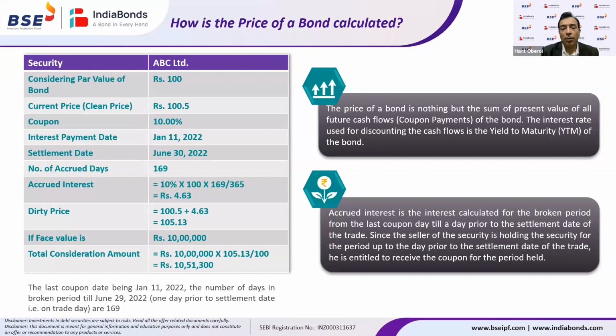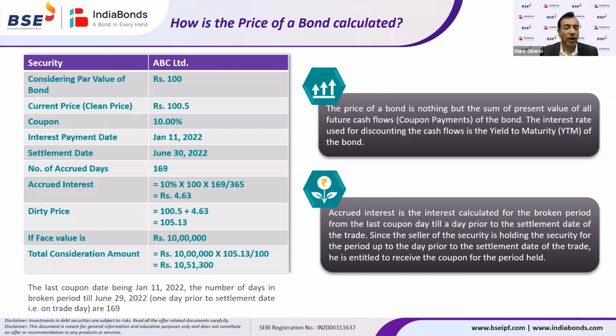So when he's buying a bond, his dirty price is the price of the bond, 100.5, plus 4.63. When I'm paying the amount, I'm paying 105.13 as the dirty price. This accrued interest component of 4.63, which I'm paying upfront right now to investor A because I'm buying from him, will be credited back to my account.